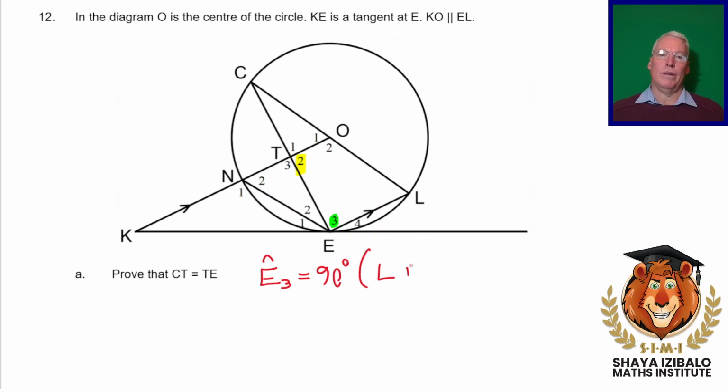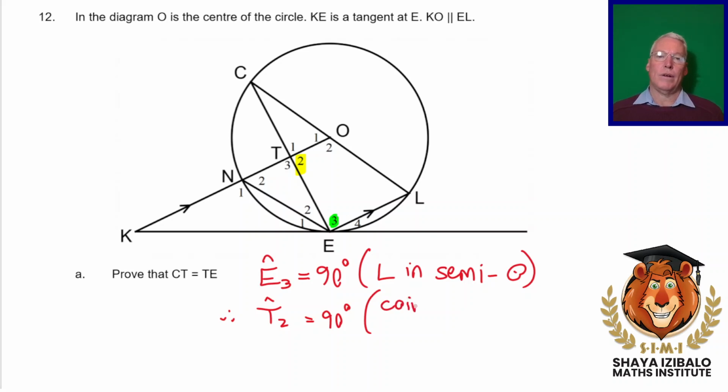Angle in semicircle. Therefore, angle T2 is 90 degrees. And the reason for that is because you've got these two co-interior angles. But remember, when we use co-interior angles, we must say which lines are parallel.